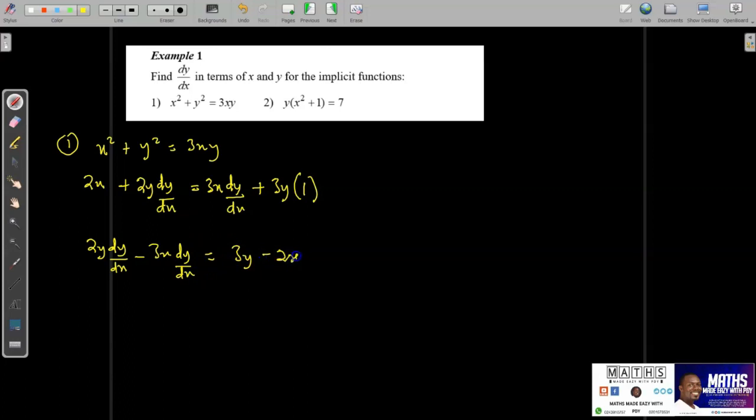Are you all with me? Yes, sir. Factorize out one of the dy dx. That will give us dy dx out into brackets 2y minus 3x all equal to 3y minus 2x. What must we do to make dy dx the subject at this point?